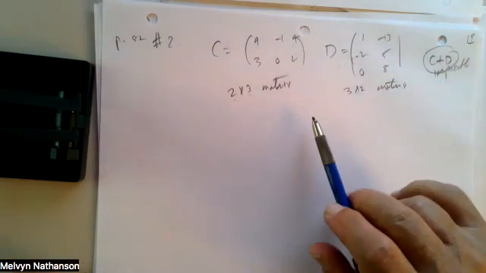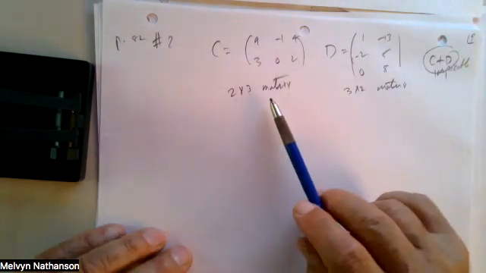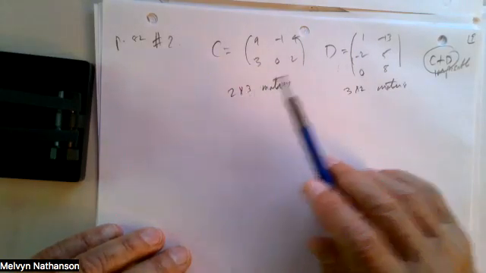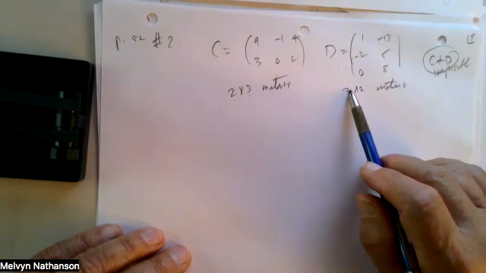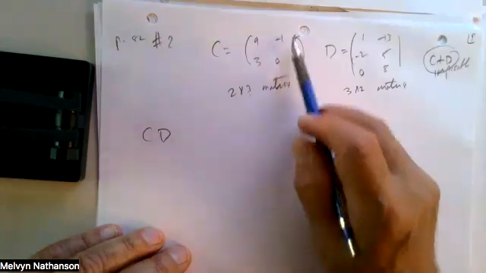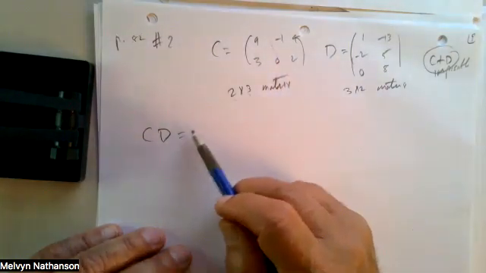You only can add matrices that have the same shape. But you can multiply matrices so long as the number of columns in the left matrix equals the number of rows on the right. So I can multiply C times D, because this has 3 columns and this has 3 rows.